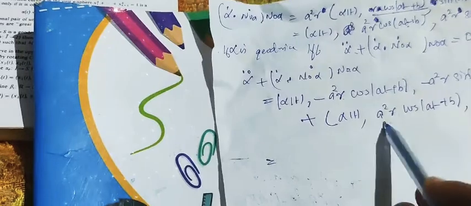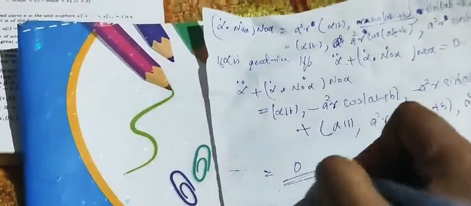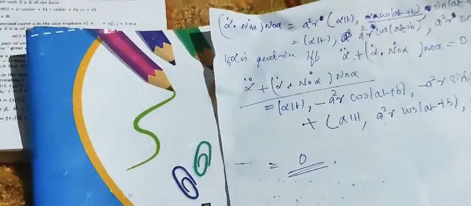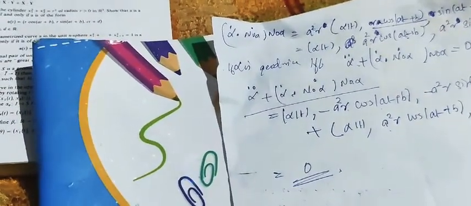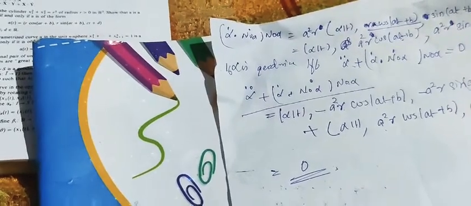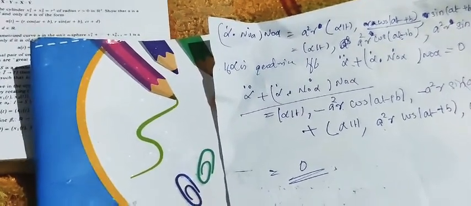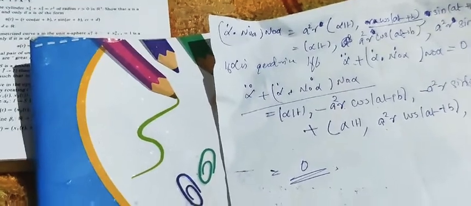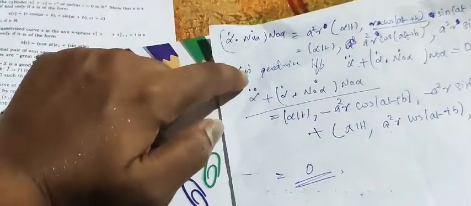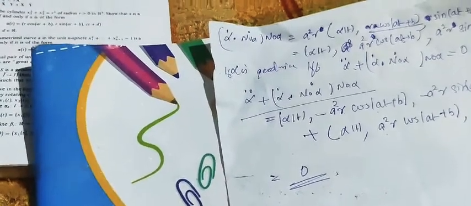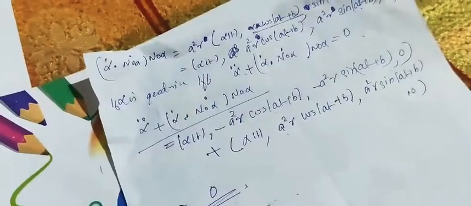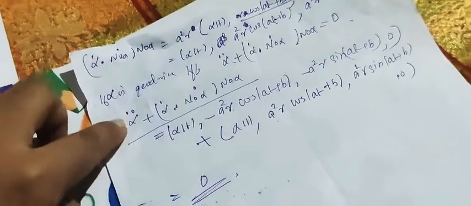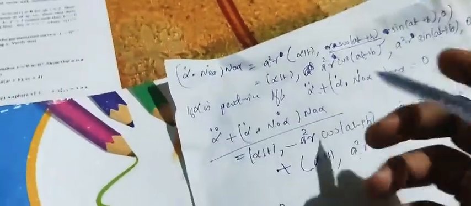Here the minus a square r cos and here positive cancel, so it is equal to 0. So alpha of t of the form r cos of at plus b, r sin of at plus b, ct plus d satisfies this equation, then alpha is geodesic. This result follows from the theorem: alpha is geodesic and satisfies these equations. Okay, so this is the answer.